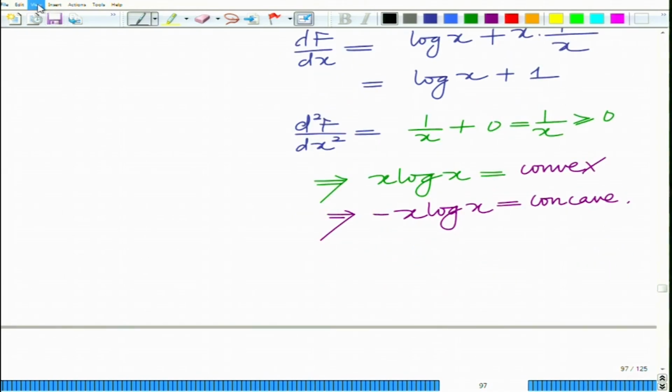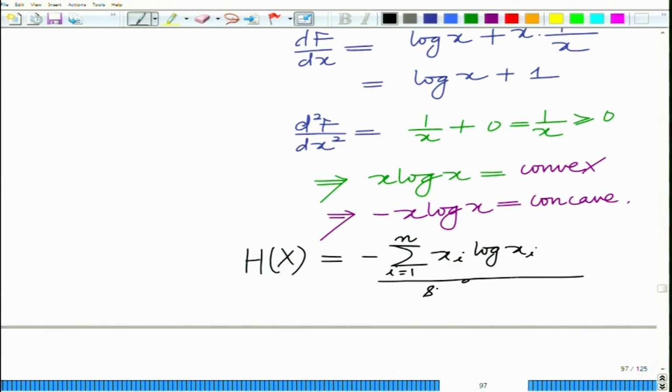And therefore, now if you look at the entropy, you can see this is the sum of concave functions.